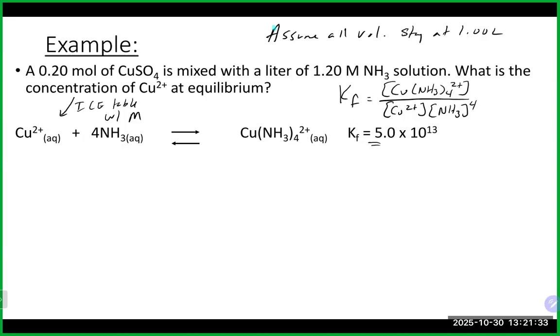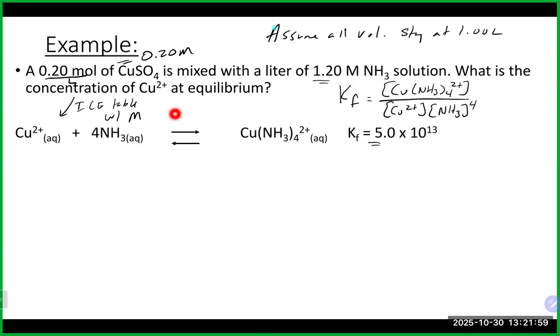So a lot of times you will have to do an M1V1 equals M2V2 sort of situation. But you do want the concentration of everybody in here together when they're mixed. So since I'm going to assume that this guy is 1 liter as well, I'm just going to turn that guy into 0.2 molar. And this guy's already in there, and everybody's staying at 1 liter. So that will be its concentration as well.